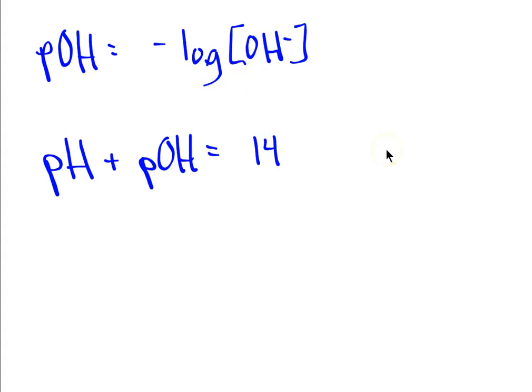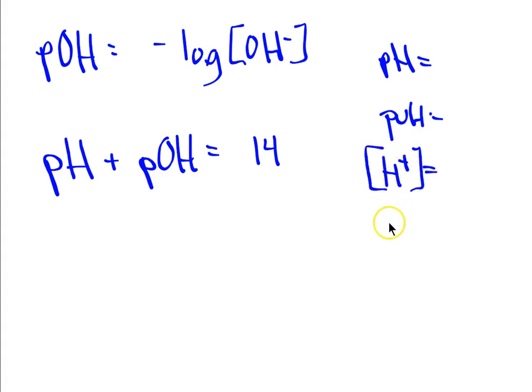So let's do this. We have pH equals, we have pOH equals, we have H plus concentration equals, we have OH minus. And I will give you the pH is 8.35.